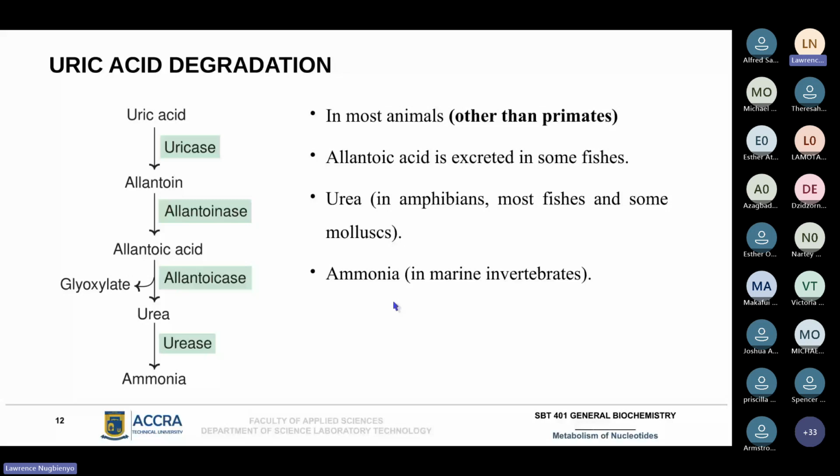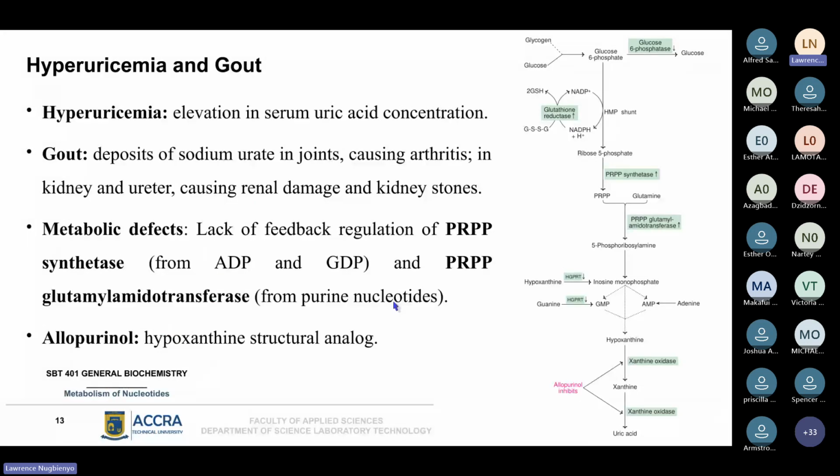Now, these two have some health implications. If you have uric acid being produced in elevated amounts and found in such elevated amounts in blood serum, that condition is referred to as hyperuricemia.